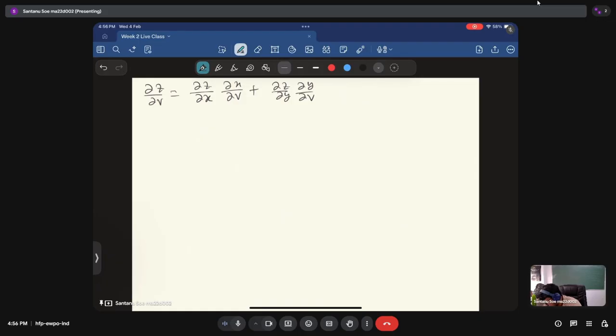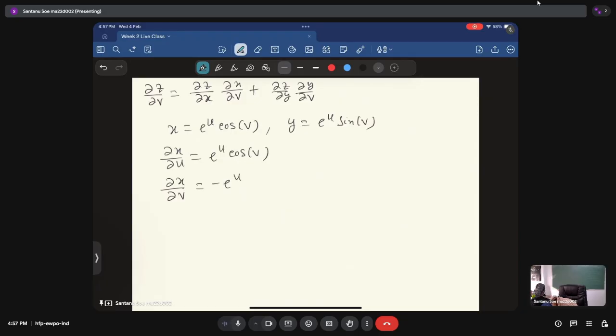Okay, so now here x is given as e to the power u cos v and y is given as e to the power u sin v. So del x del u is e to the power u cos v and del x del v is minus e to the power u sin v.